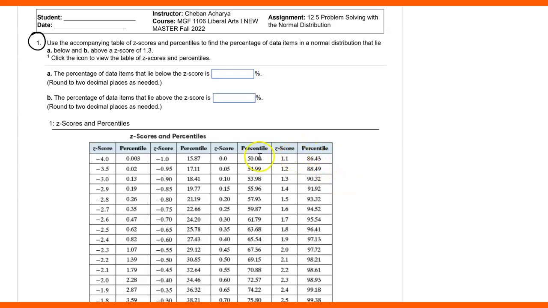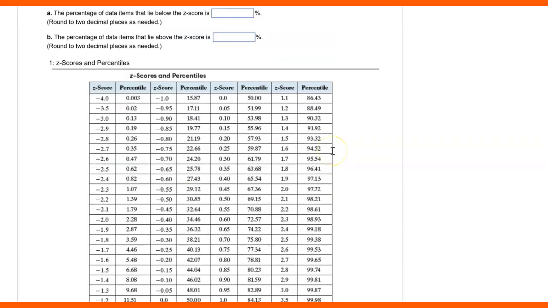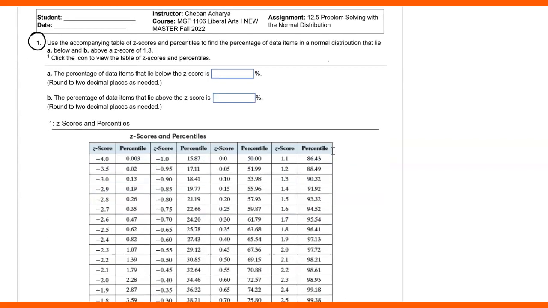You see here the number, let's say under percentile, 86.43, which is the same as 86.43%. Again, this whole section is based on the table, and the table is always provided.